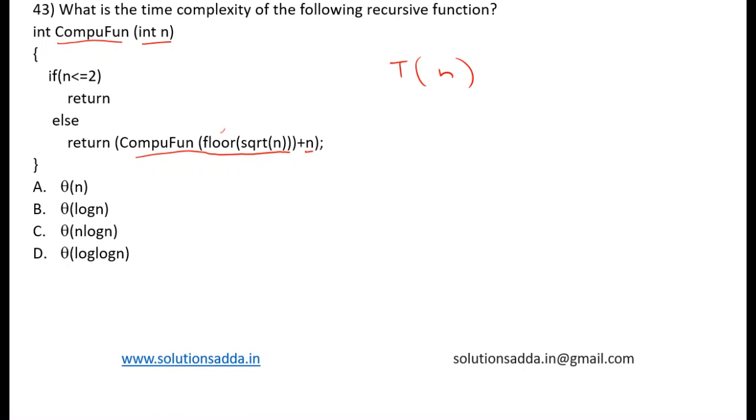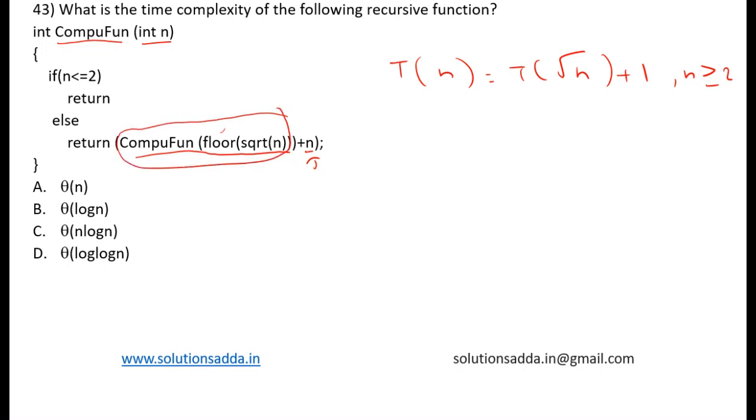time complexity. So we can write the recurrence relation as T of n is equal to T of root n plus 1, where n is greater than or equal to 2. This n is ignored because only this parameter is causing the recursive function's computation.